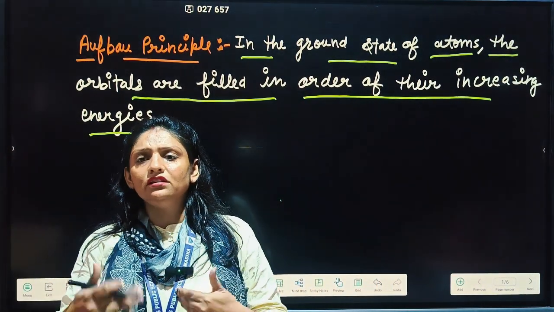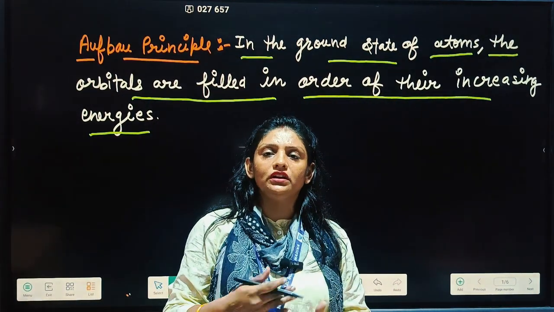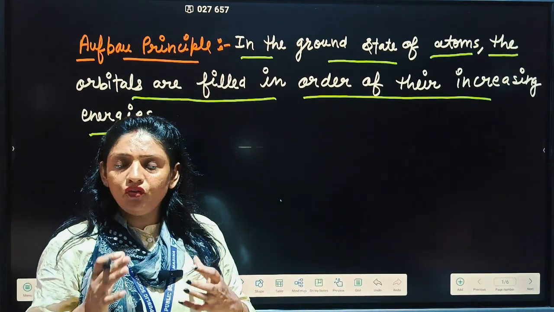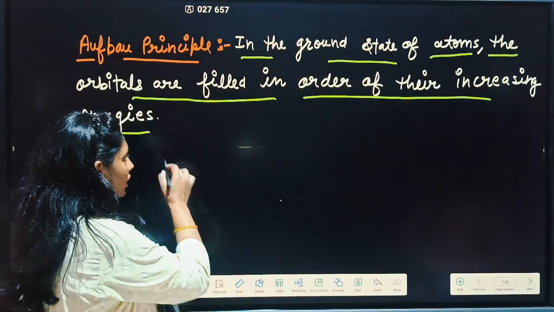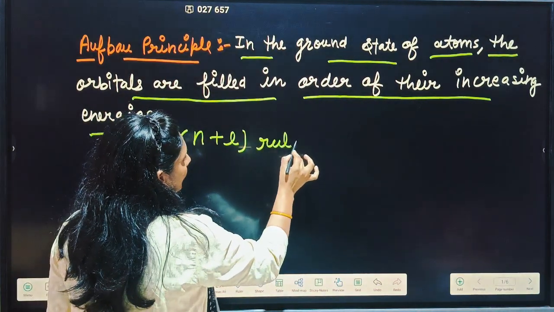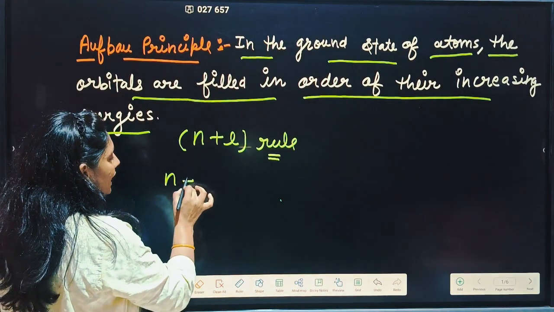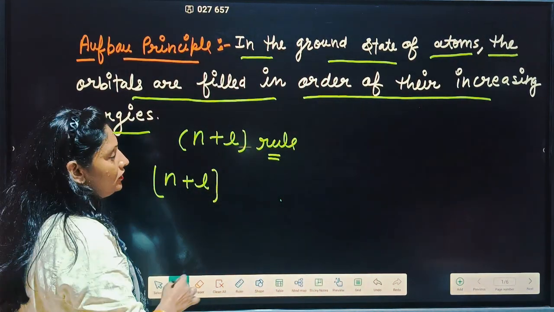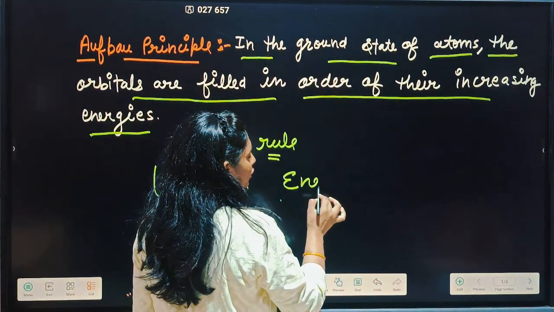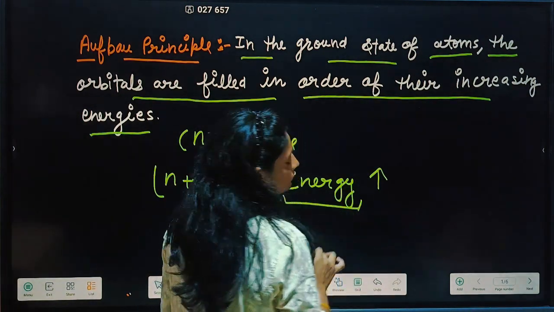Students, how can we tell about the energy, which one has lower energy and which one has higher energy? So for that we will follow the n plus L rule, for which value of n plus L is higher, then the energy of that orbital will also be higher.